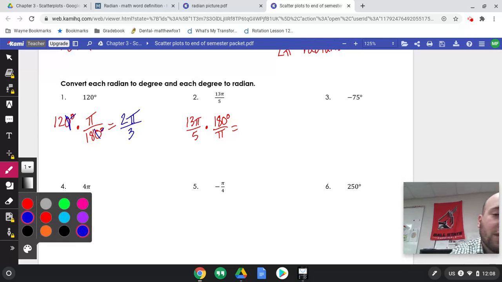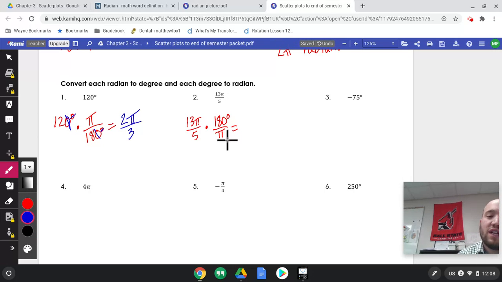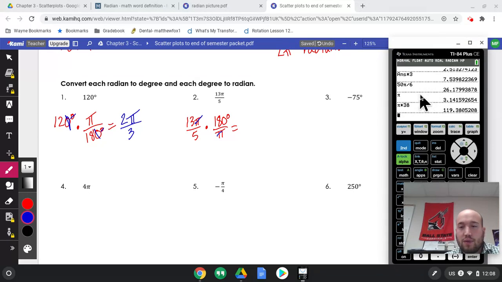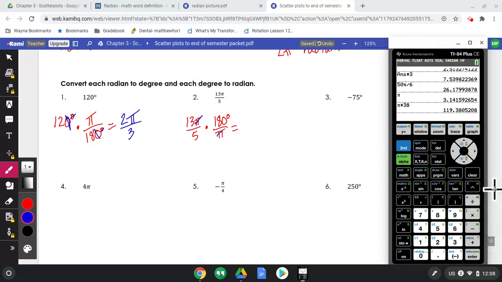Another way you can think about it, there was a pi there, we need the pi to cancel. So pi and pi cancel. And now we have a couple options. We can reduce if we want, or we can simply pull up our calculator. Let me get rid of this so you can see the calculator. If we just do 13 times 180 and then divide that by 5, we get 468 degrees.